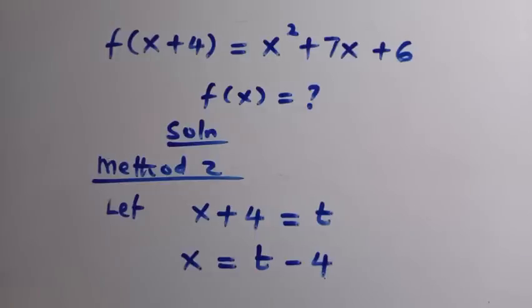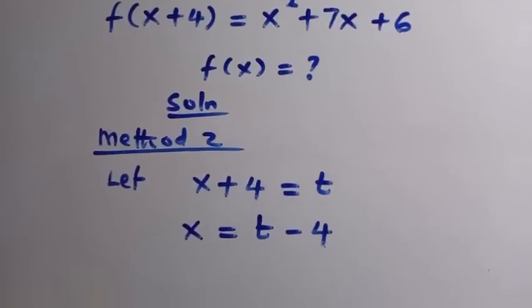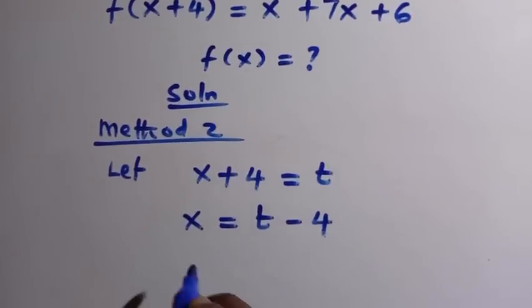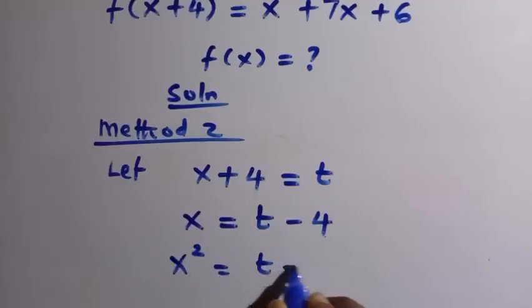Now from the left hand side we have a quadratic. We need x squared. I've already gotten the value of x, which is for the 7x. So we need x squared. To get that x squared, it means we are going to square this. So by squaring this, we have x squared equals t minus 4 squared.